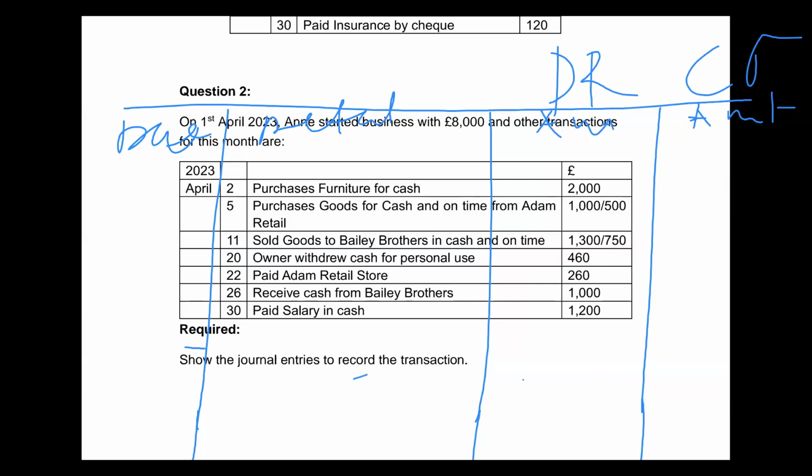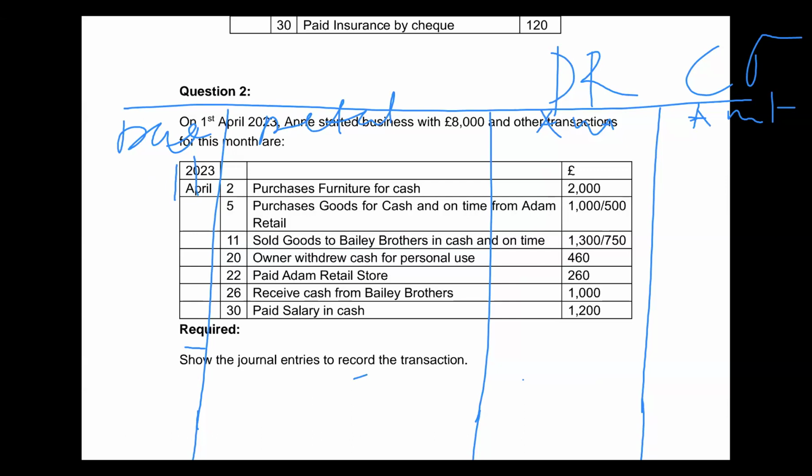When is that? That's on the 20th. It's 11, eh? Yeah. So it's the same thing again, I think. Or is it still the same thing? Sold goods for cash.